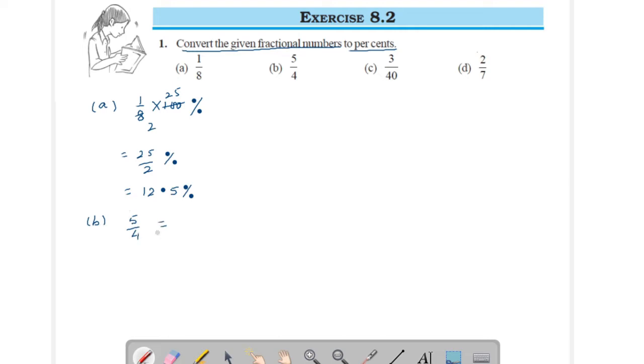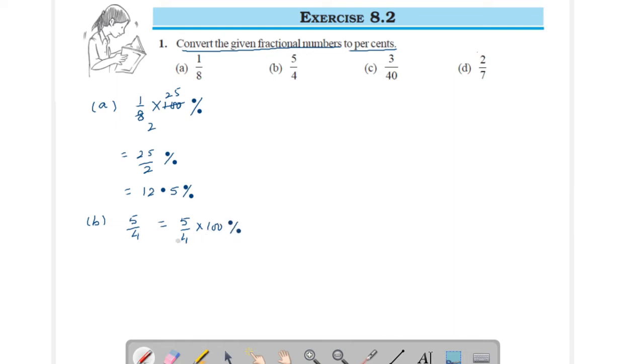B part, it is 5 upon 4. You have to convert it into percent. It can be written as 5 upon 4 into 100%. Here simplify it.